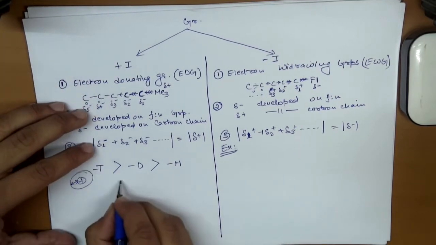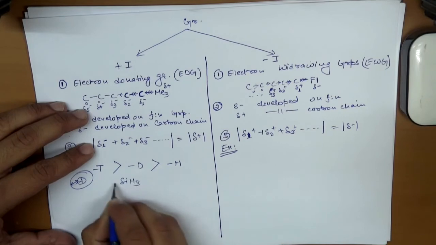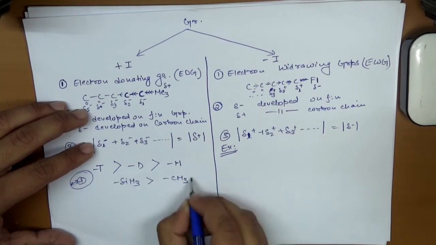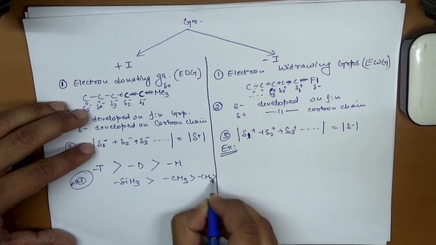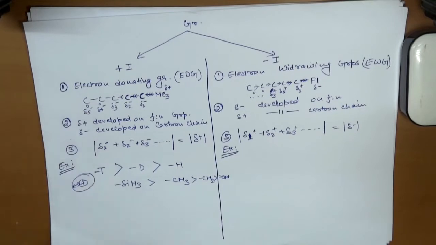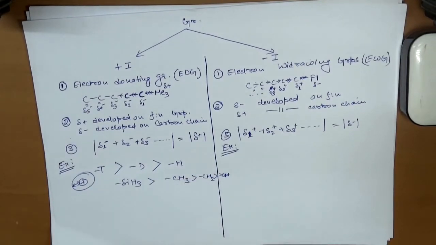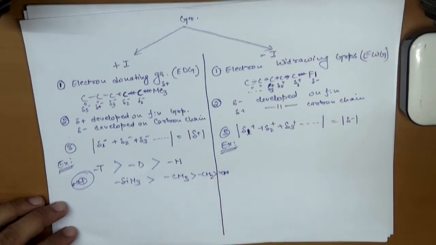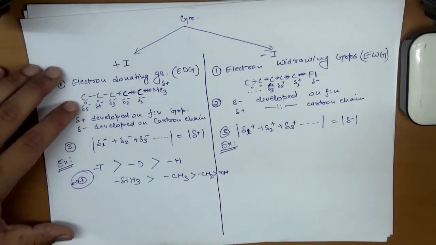With the same logic, I can also say that SiH3 is better than CH3, and this is also better than CH2 and so on, meaning first degree carbon, second degree carbon and third degree carbon.